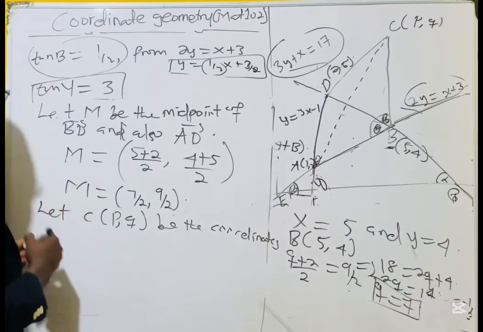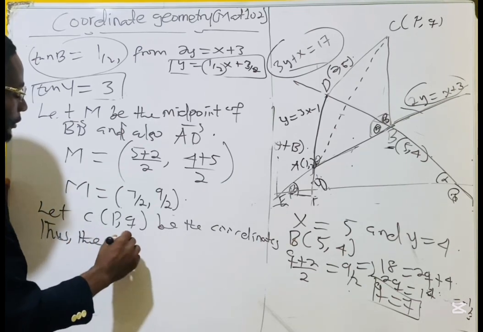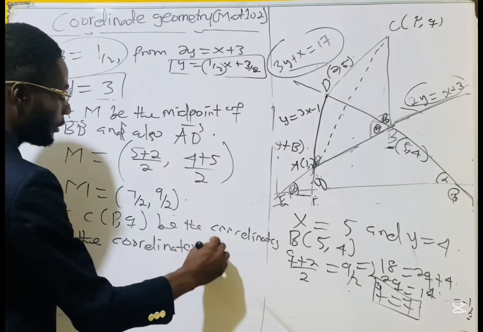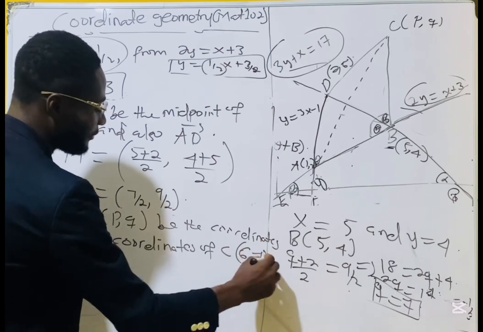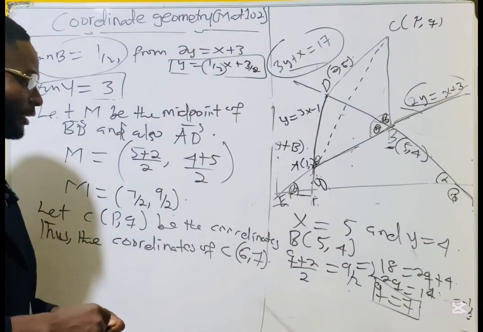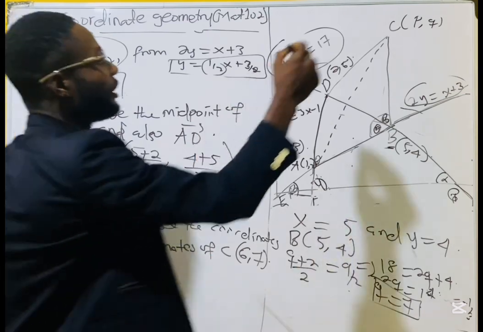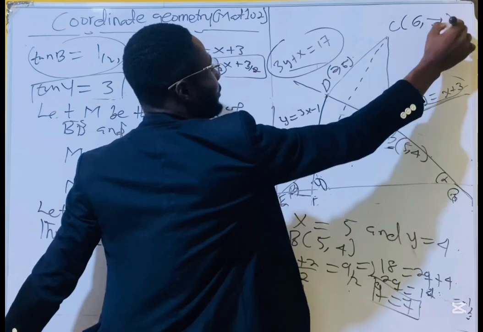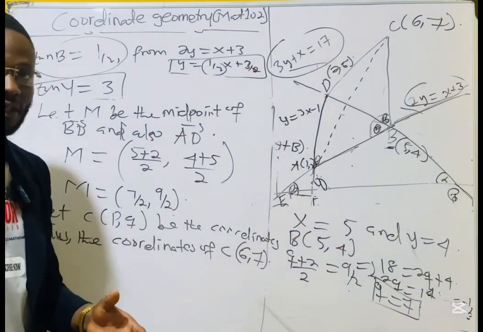So that's the coordinate of C is 6 and 7. Okay, so that is the coordinate of what? C to be what? 6 and 7. So we have here, now we can say that the coordinate is what? 6 and 7. Okay, so we've satisfied the first part of the question.